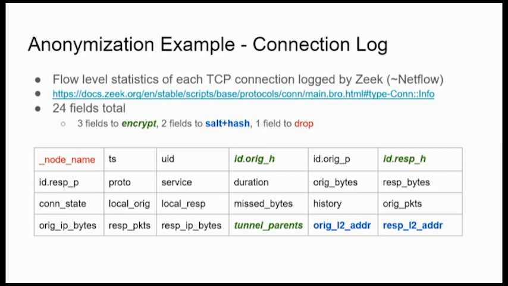These are usually the MAC addresses of the routers, so they don't provide that significant amount of insight for the researchers anyway, so we decide to just salt and hash them. We also do not want to give up actual data there, because that is also very sensitive, because again, router MAC addresses. And we drop the node name, which is basically the Zeek worker that actually logged this. It's irrelevant to researchers, so we just decide to drop it.